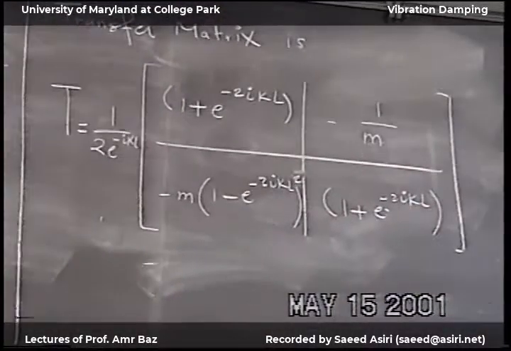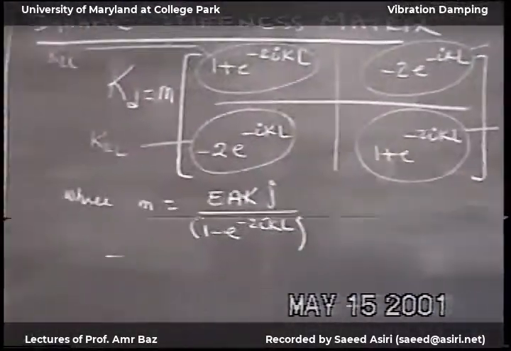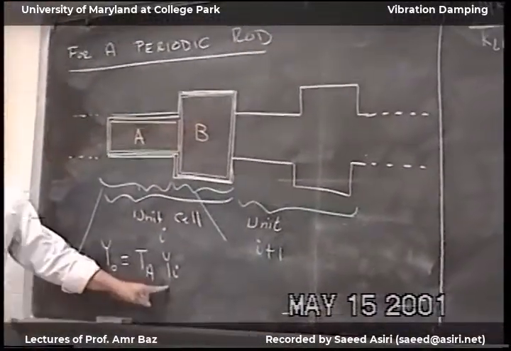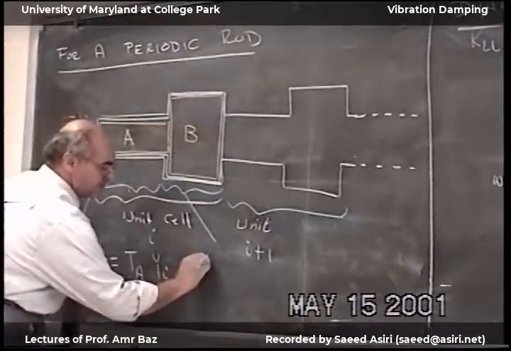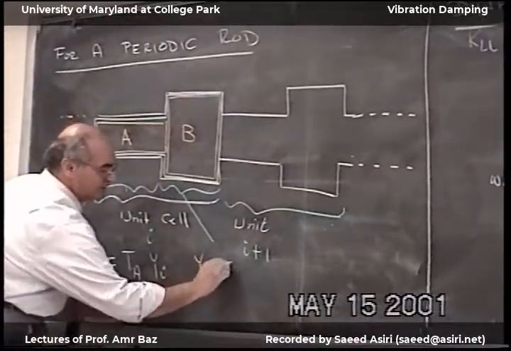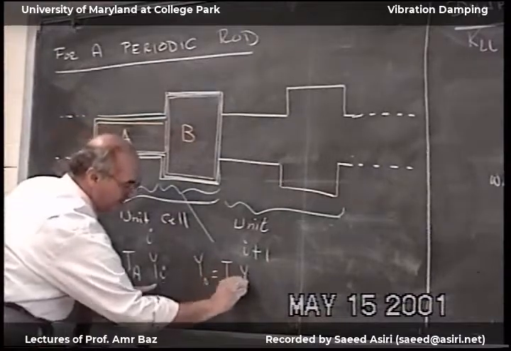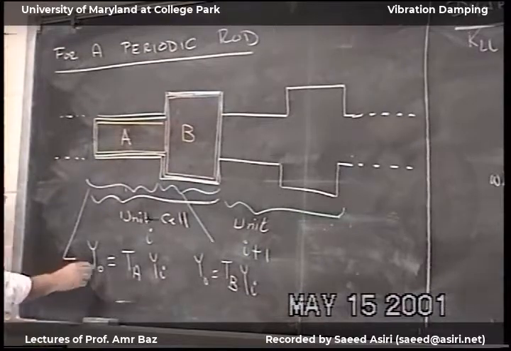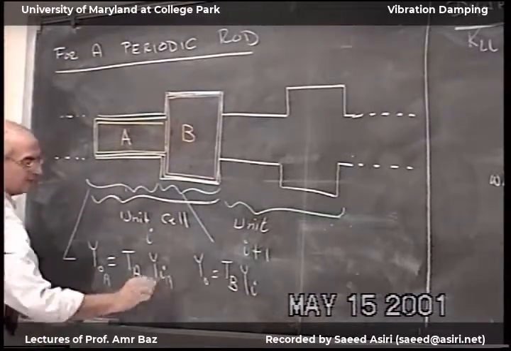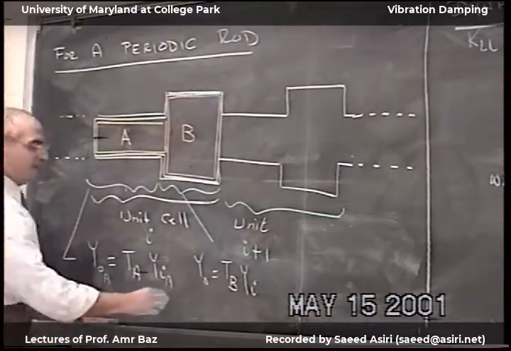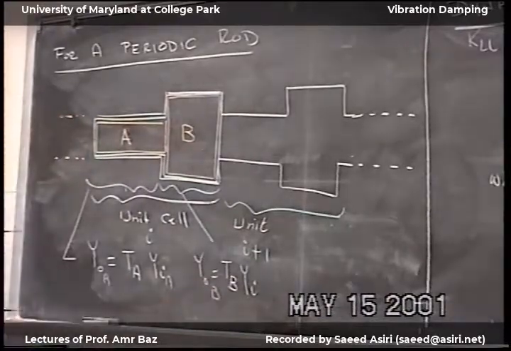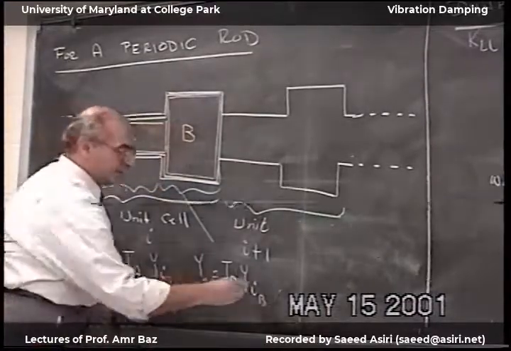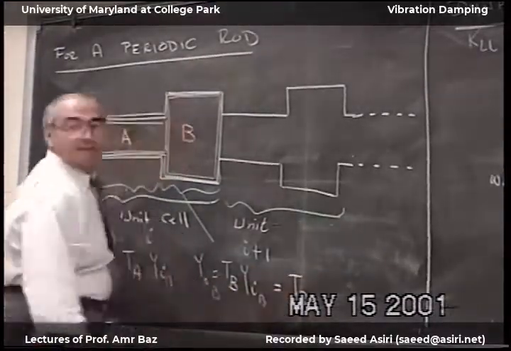Okay, so whatever properties we have for each of these sections, I can transfer it to the transfer matrix. Now I'm going to go and work on this part. For this part, we have the output is equal to TB and the input. And I'm going to make these of A, and this is of B, and this is of B. But now we can write this as TB.